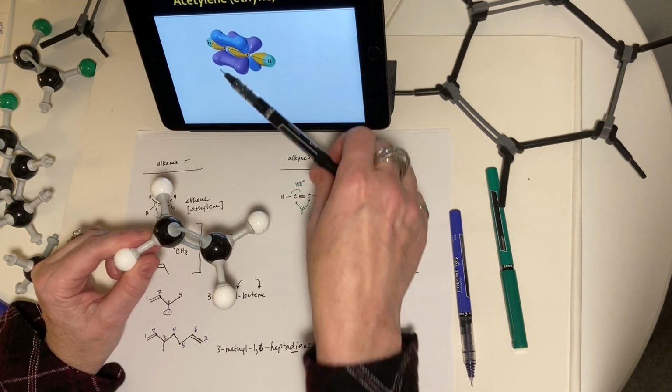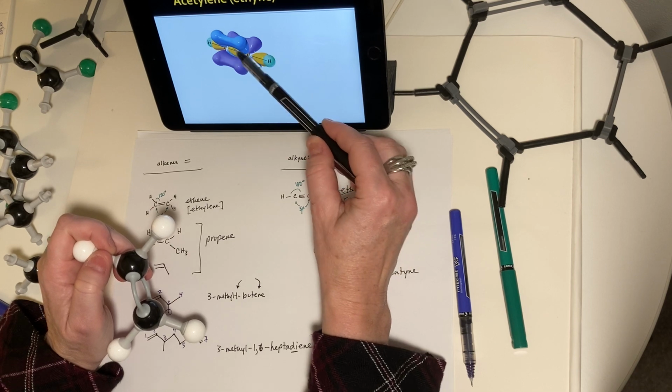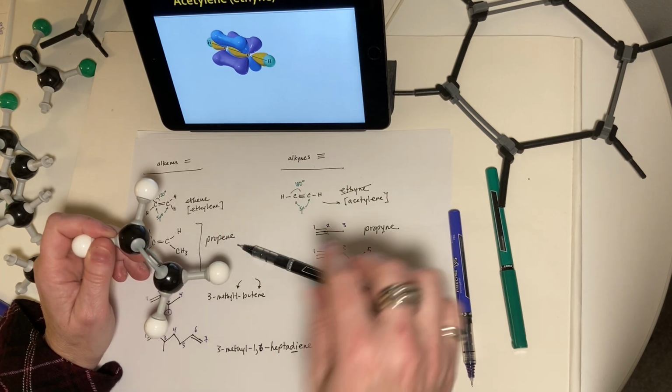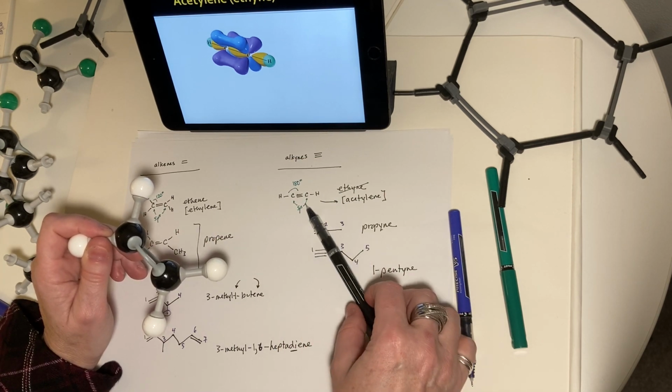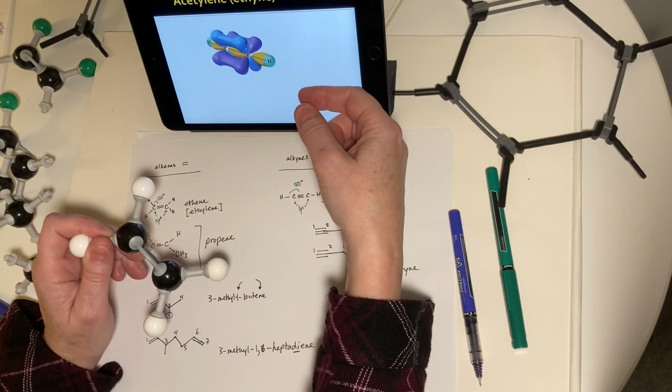And then a triple bond, it's even more interesting. We have a set of 2 pi bonds. That's extremely rigid. But that's also a linear molecule, so it's less interesting to think about that spinning around because it's symmetrical all the way around.